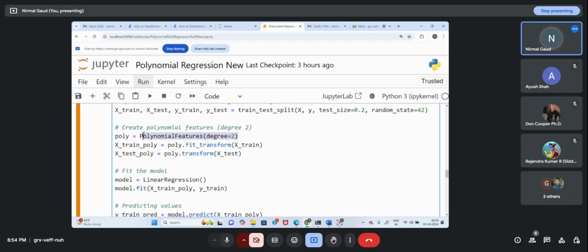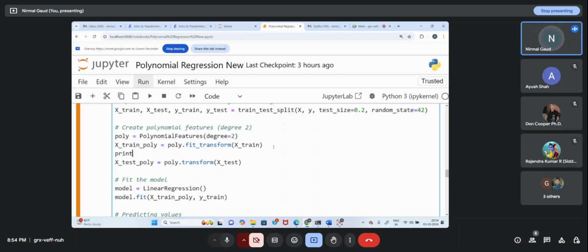Again you fit polynomial features with degree equal to 2, you perform fit_transform, and then you perform transform. You have transformed your data x train into polynomial, the same way as I taught above, the same approach. If you want, let me write a statement to show you: print x train poly.